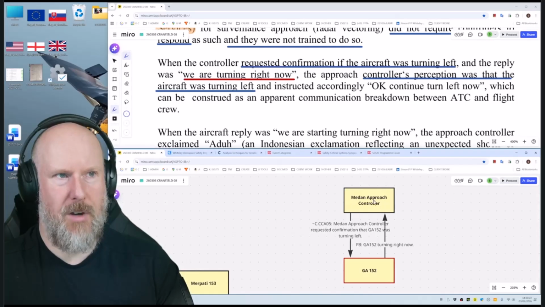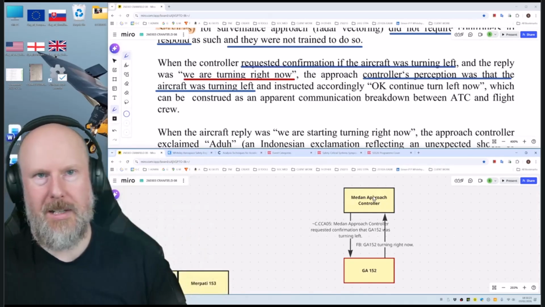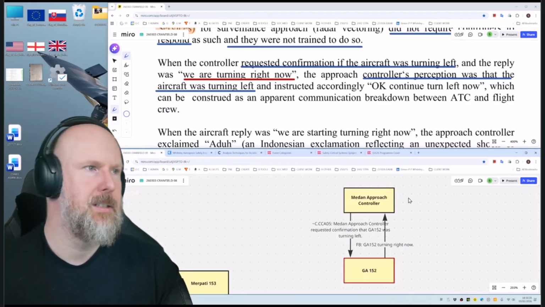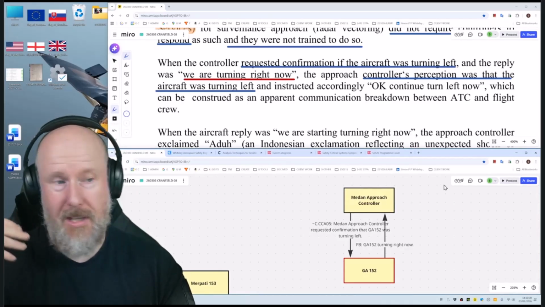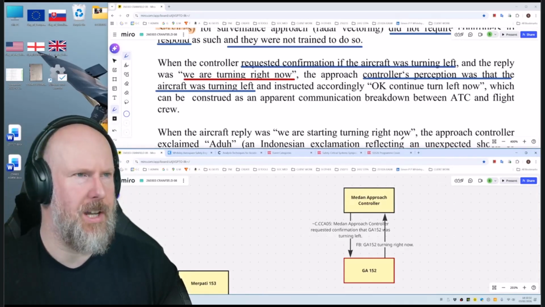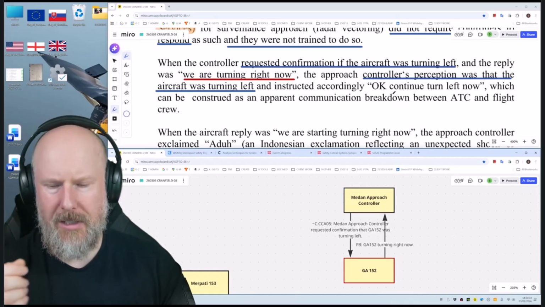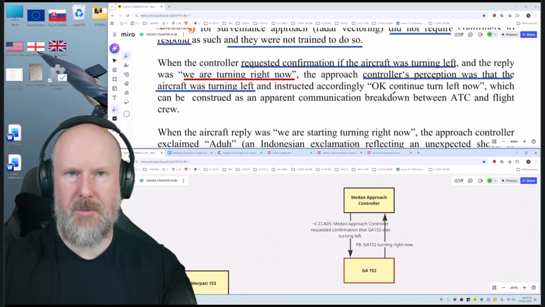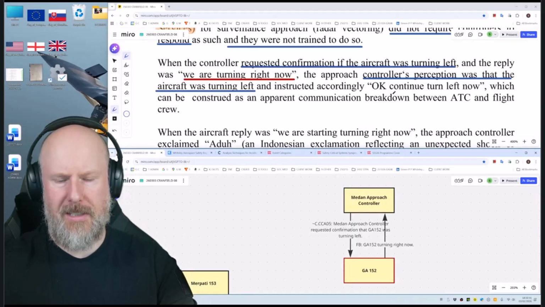And was the Medan approach controller reinforcing the control action they provided: no, you need to turn left? Or did they mishear it and just repeat the instruction anyway? I suppose if they repeat the instruction, that implies that they recognise that the response they received was not what they were expecting.